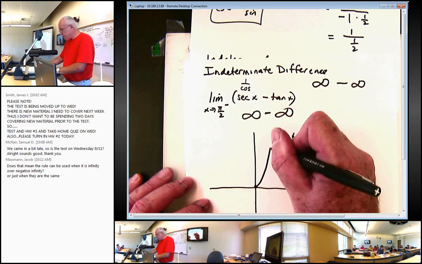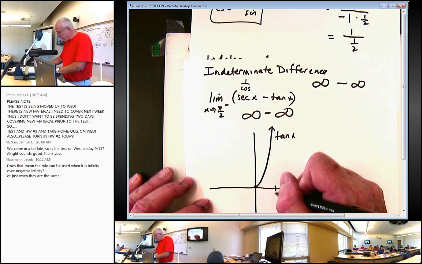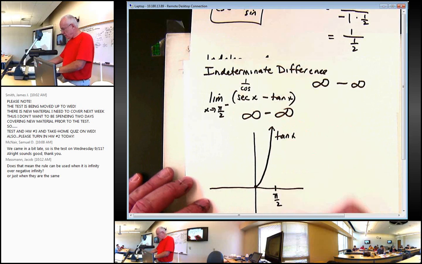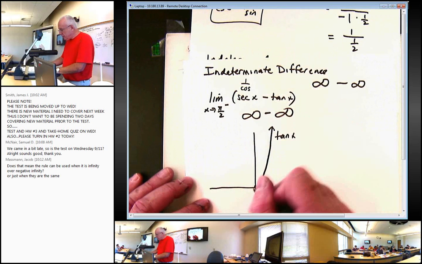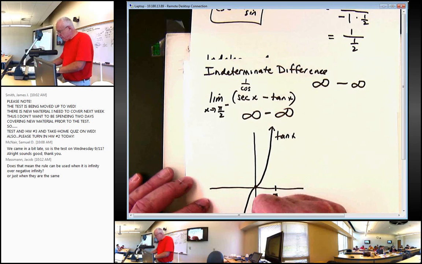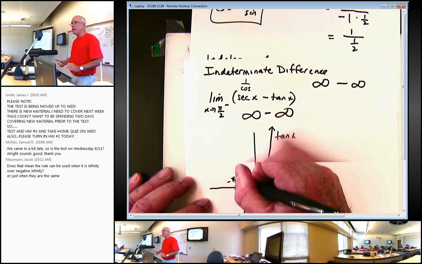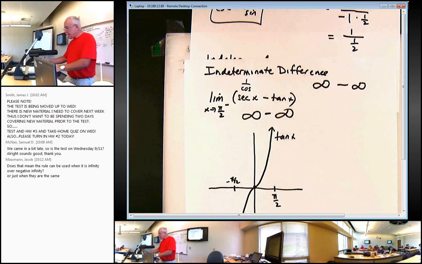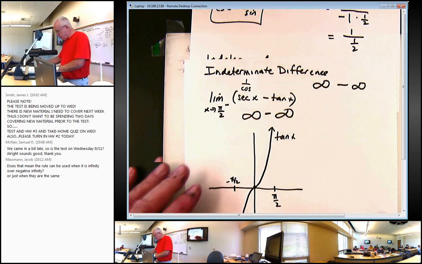and I know this isn't the correct exact shape, but it goes up, and let's say this is pi over 2. It's approaching it from the minus side. And then on the other side, it's going to go down, and this is minus pi over 2. Now, it repeats that same pattern on the other side of positive pi over 2.